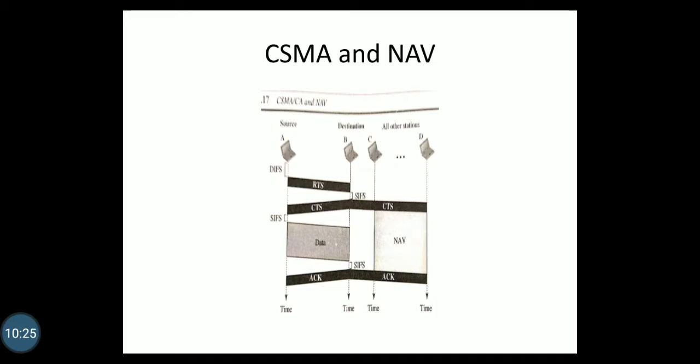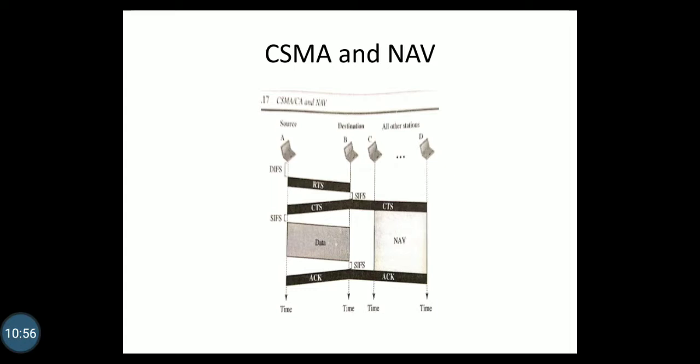When a station sends an RTS frame, it includes the duration of time that it needs to occupy the channel. The stations that are affected by this transmission create a timer called a network allocation vector, NAV. This NAV shows how much time must pass before these stations are allowed to check the channel for idleness.